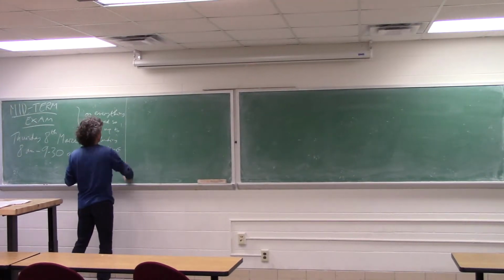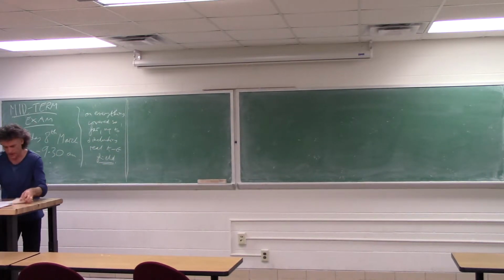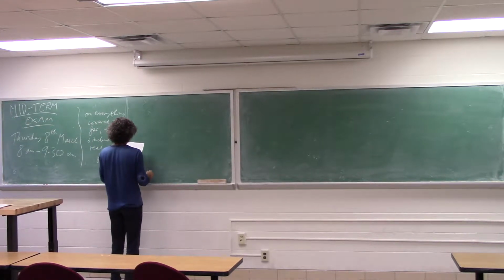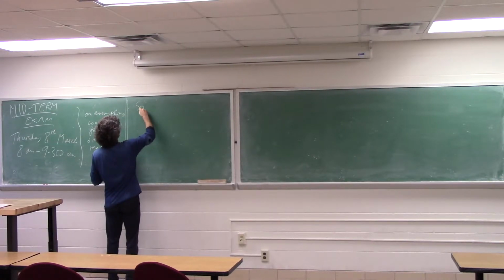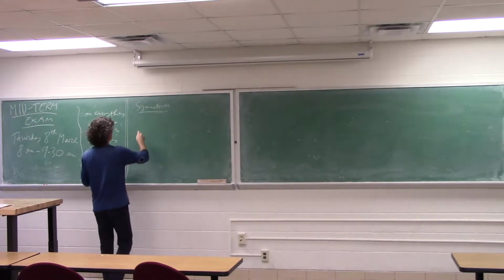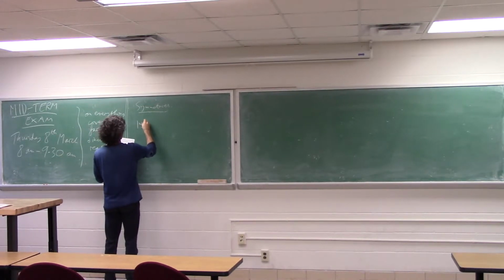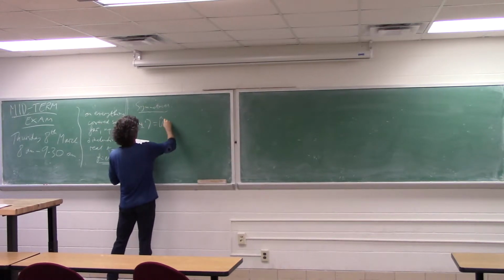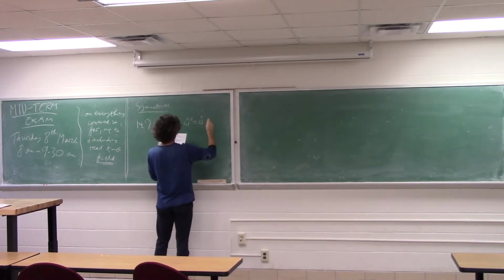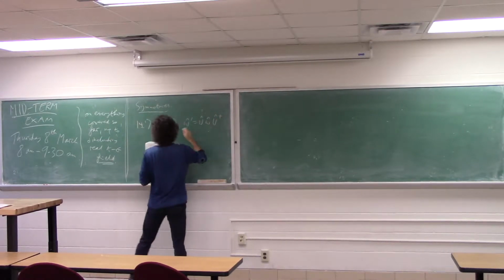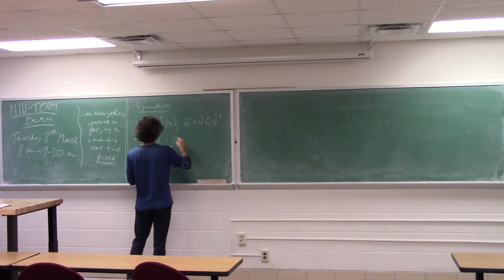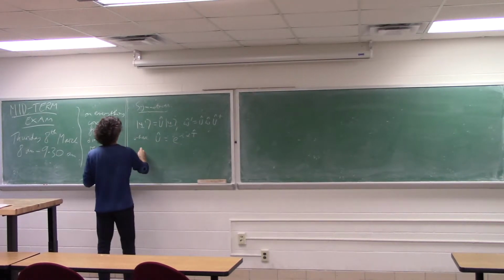Okay. So, where were we? So last time we noted that, so symmetries, we were talking about a general symmetry transformation of the form, where U is a unitary operator that can be written as the exponential of i times a Hermitian operator.